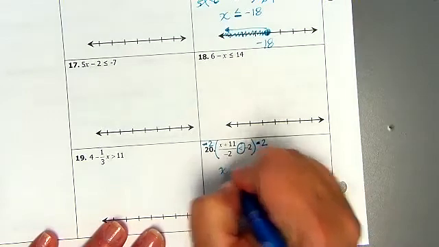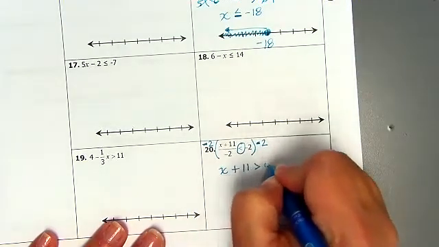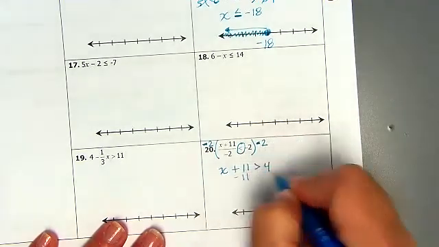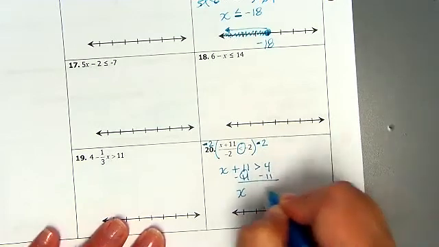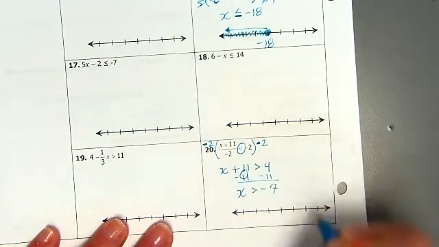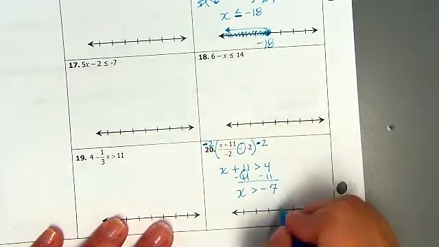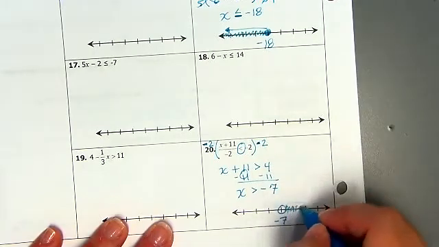So I'm now going to have x plus 11 is greater than 4. And now I subtract 11 from both sides, and I get x is greater than -7. It's just greater than, so it's an open circle at -7. Greater than, so I'm going to the right.